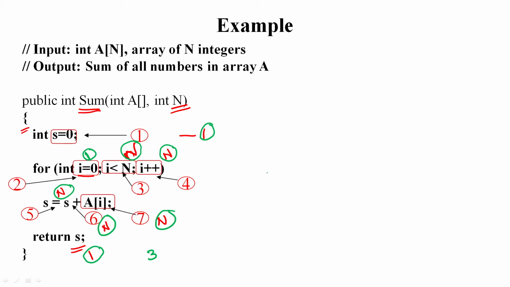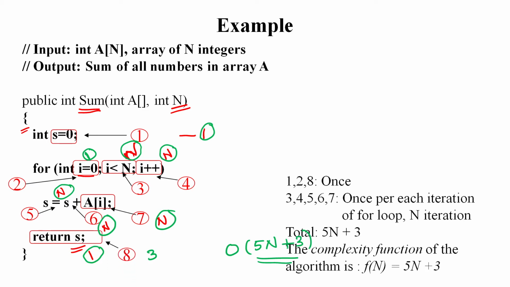So here we can compute the time complexity as order of 5 times n plus 3 single-time execution statements. So this is the time complexity for this algorithm which is given here.